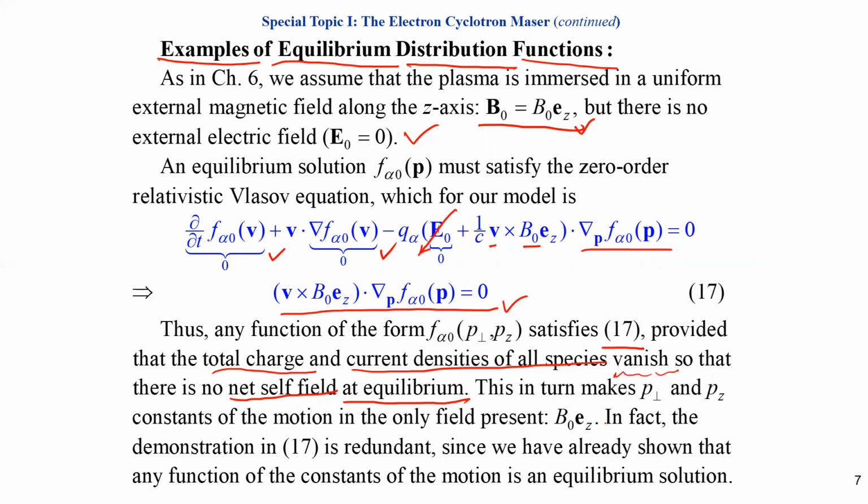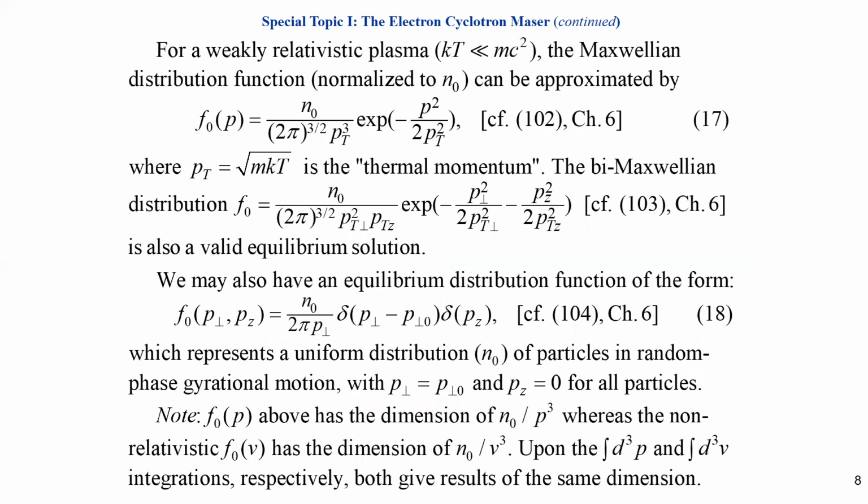This in turn makes P perpendicular and Pz constants of motion in the only fields present. The only field present is B0 in the z direction. In fact, the demonstration in equation 17 is redundant, since we have already shown that any function of the constants of motion is an equilibrium solution. Okay.